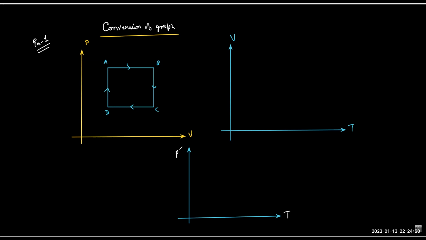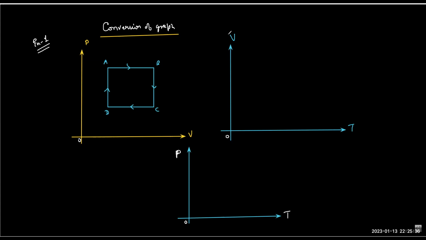So we have the VT graph and the PT graph. Because we have to plot only two kinds of processes, isobaric and isochoric, first we need to understand what is missing in the VT graph.